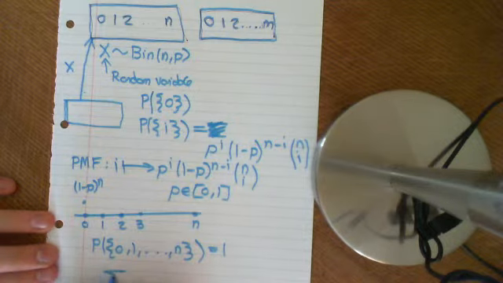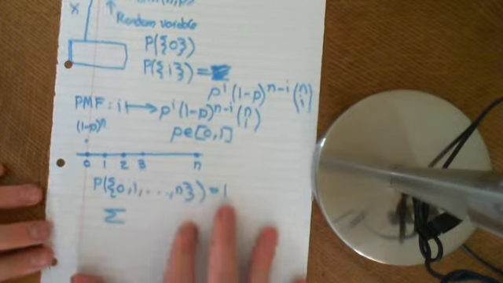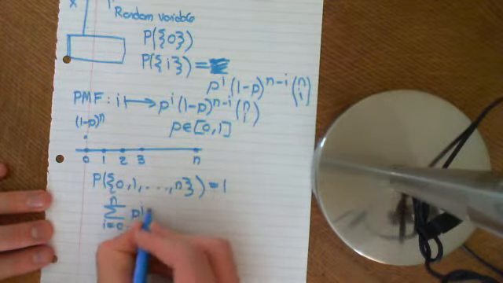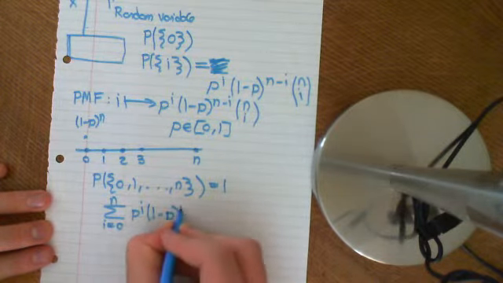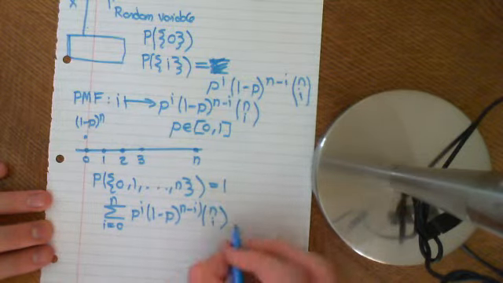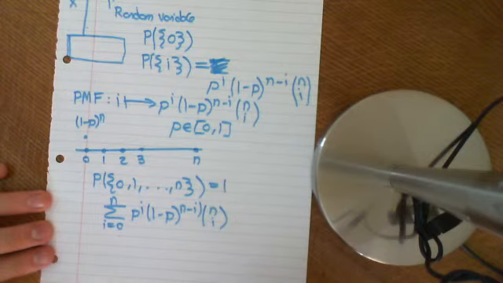So if we sum from i equal to 0 to n of p to the i, 1 minus p to the n minus i, n choose i, then we would like this to be equal to 1 if it's going to be a valid probability distribution.